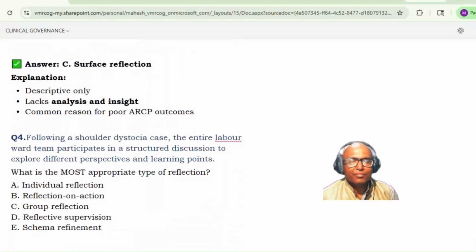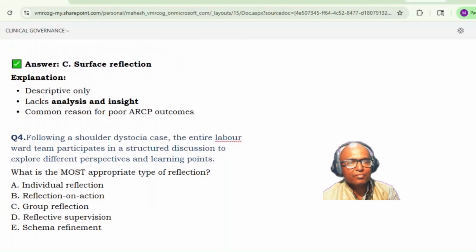Next. Following a shoulder dystocia case, the entire labor ward team participates in a structured discussion to explore different perspectives and learning points. What is the most appropriate type of reflection? A, individual reflection; B, reflection on action; C, group reflection; D, reflective supervision; E, schema refinement.